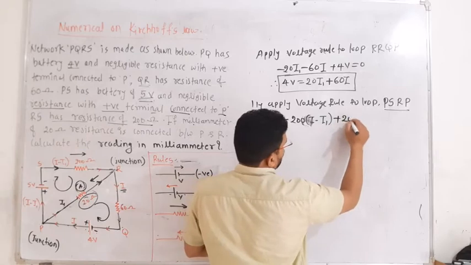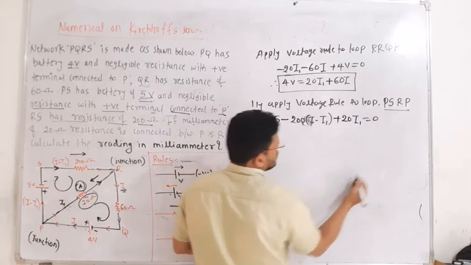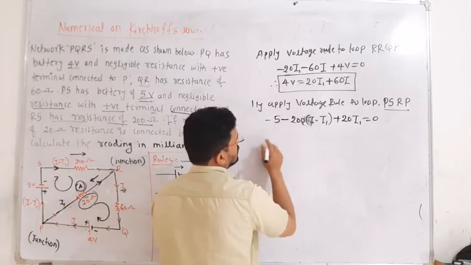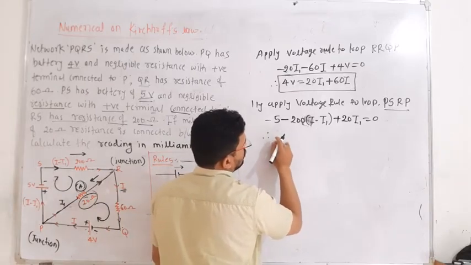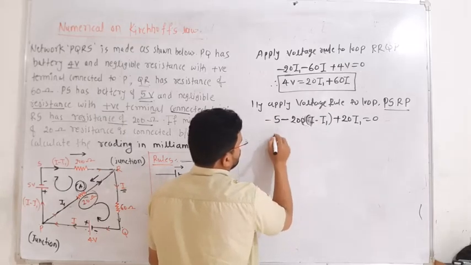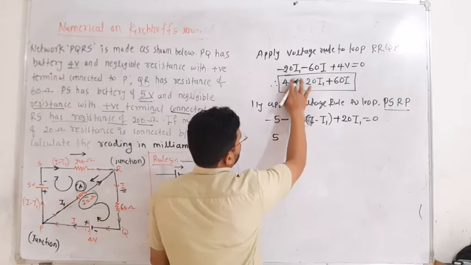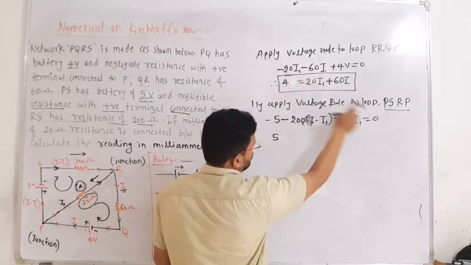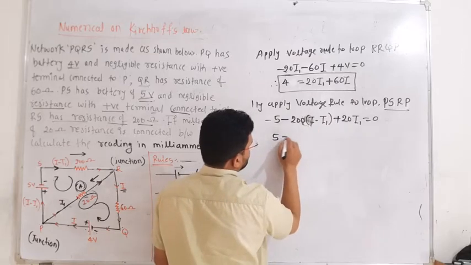So plus 20 I1 is equal to 0. Now just rearrange the terms. I will keep this 5 volt as it is and shift the rest to this side, so it becomes equal to what?